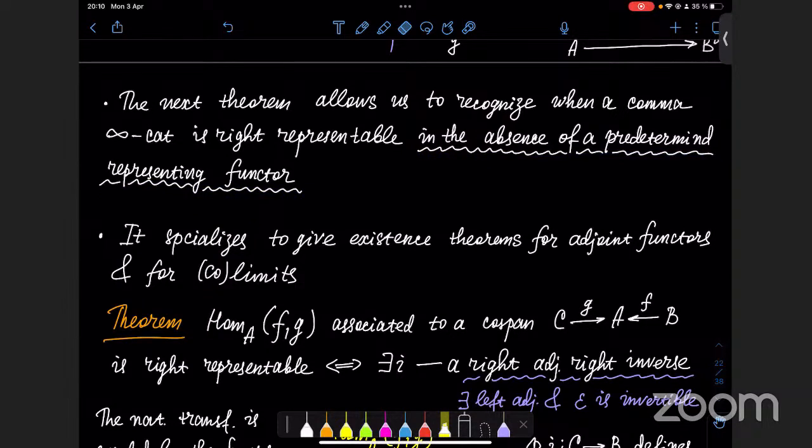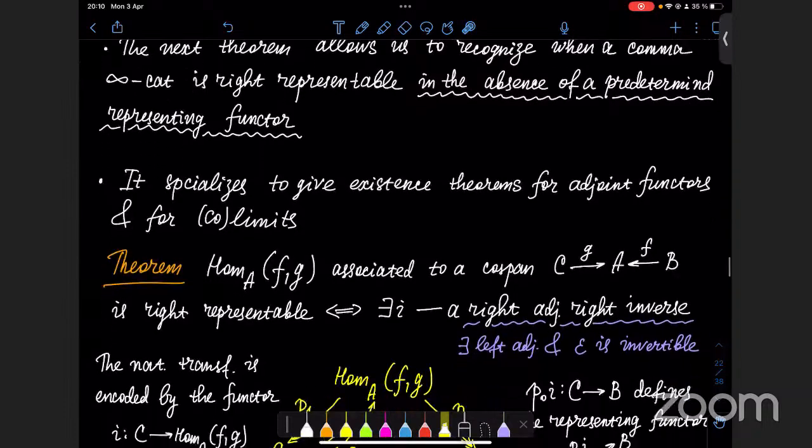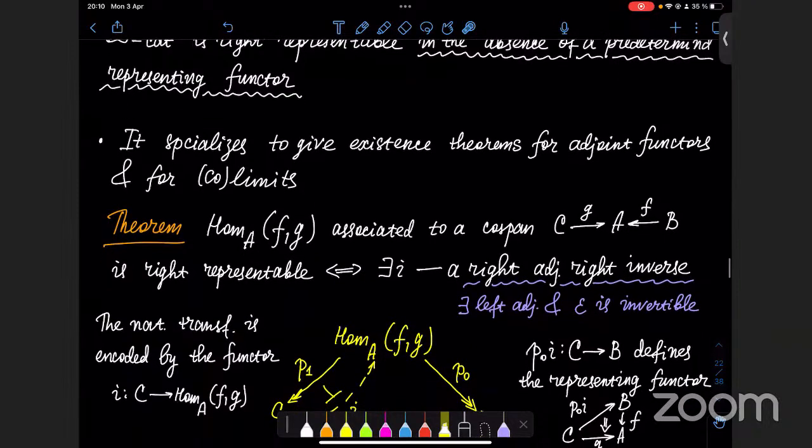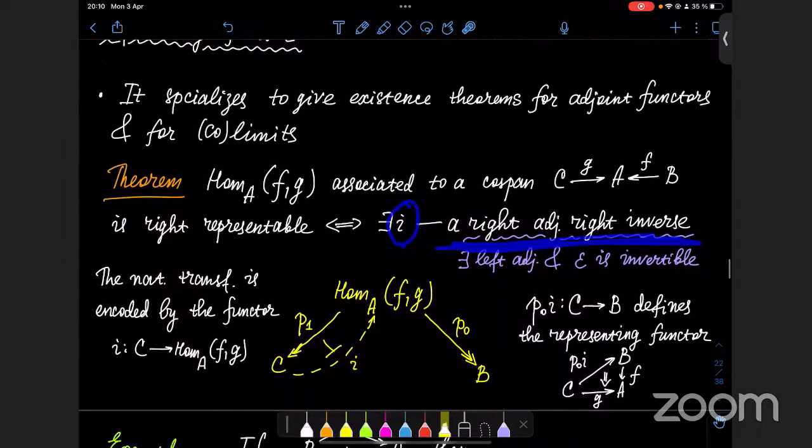So now we suppose that we have a cospan like this, and you can form, of course, this hom object between f and g, and this is right representable if and only if there exists such a right adjoint right inverse.